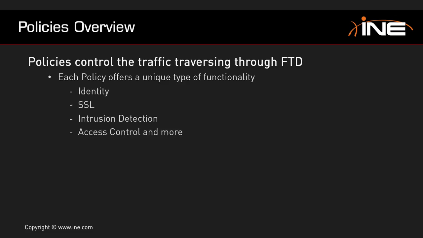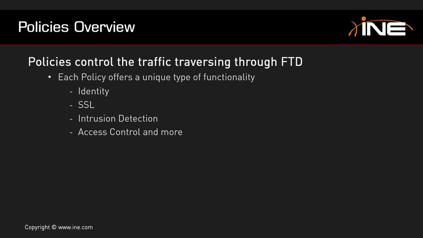For instance, I have one policy that is used to enable and enforce authentication. I have another policy that I use to decrypt encrypted web communication. I have one more for intrusion detection and prevention, and I have something else to control traffic based on layer 3-4 conditions and also some other information.